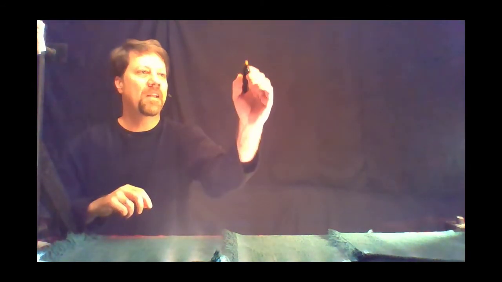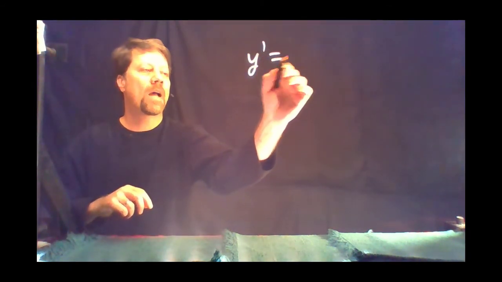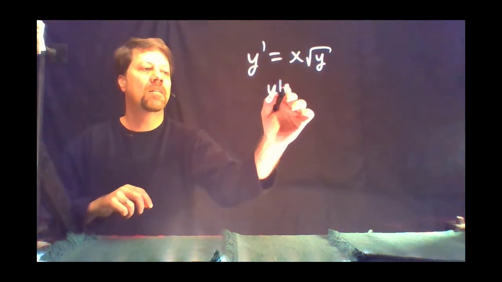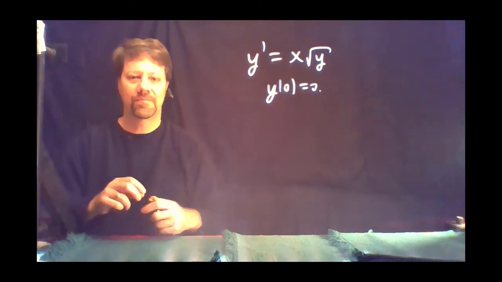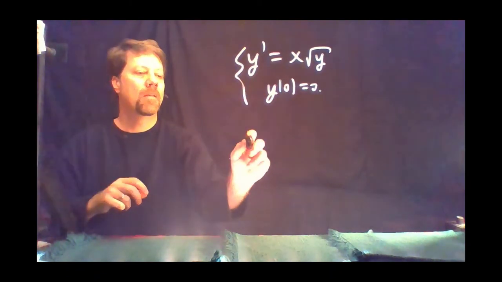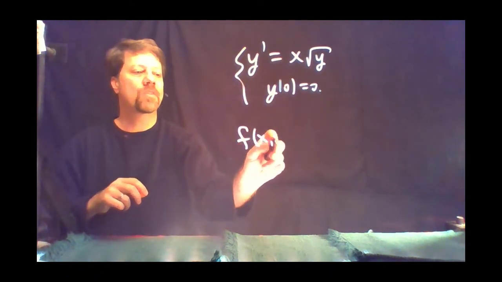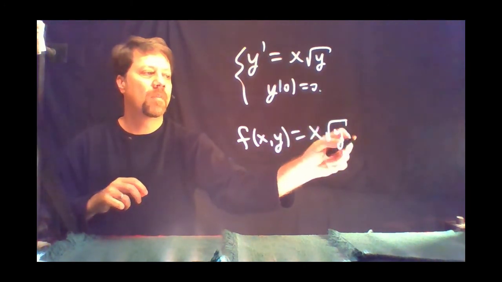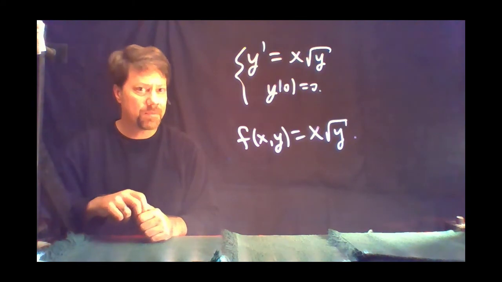The original initial value problem was y prime equals x square root of y, y of 0 equals 0. The function f of x, y in Picard's theorem is x times the square root of y. Now this function has problems.